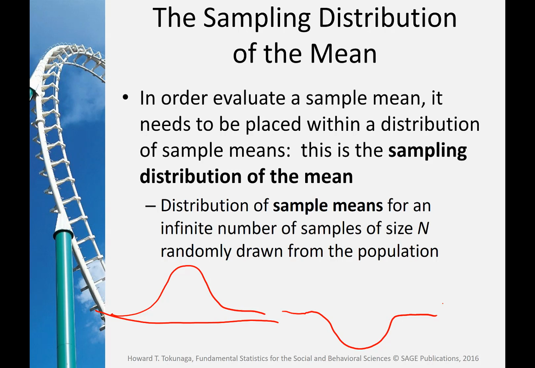What we're going to get is, if everybody did that, and everybody has their sample means, we're going to get a distribution of sample means. So our data now is your sample mean.